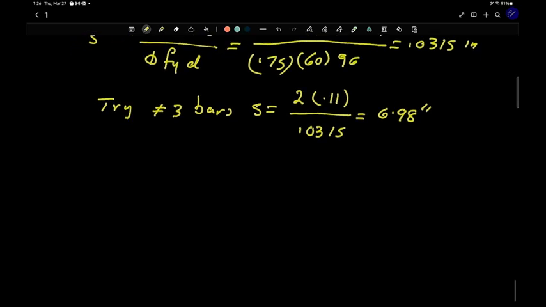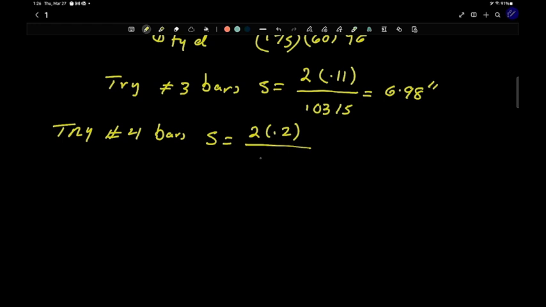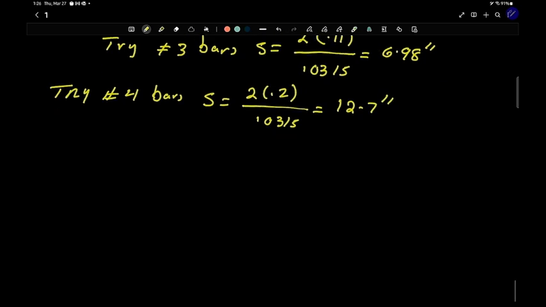And if we try number 4, our s is equal to 2 times 0.2, 0.2 is the area of number 4, divided by 0.0315, and that gives us another option at 12.7 inch. Remember, you don't have to stick to this number. There's a limit on maximum and minimum.